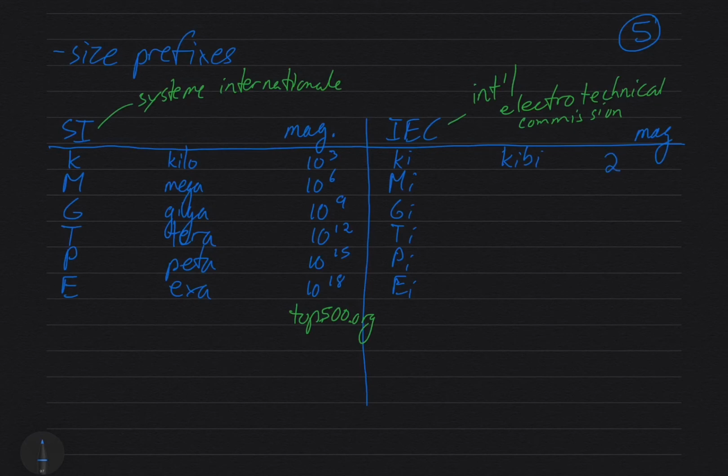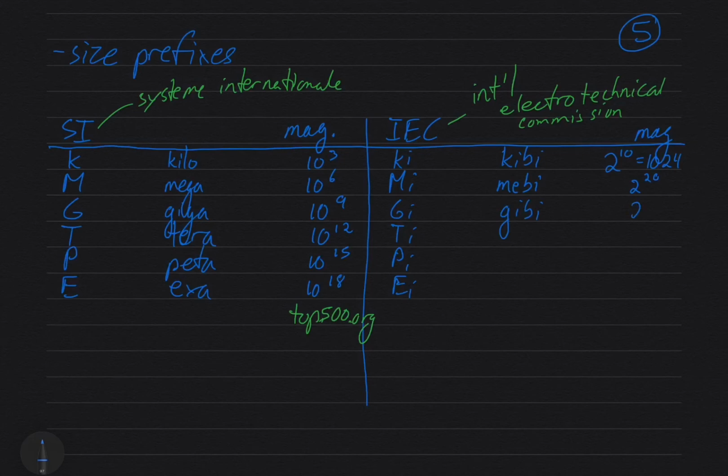So the magnitude of a kibi is 2 to the 10, which equals 1024. So it's close to 10 to the 3, but not exactly. And then Mi is, whoops, not megi, it's mebi, and that is 2 to the 20, and hopefully you can see the pattern here now.